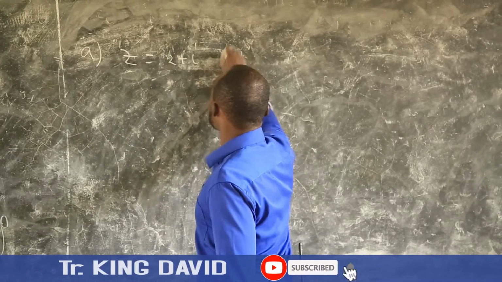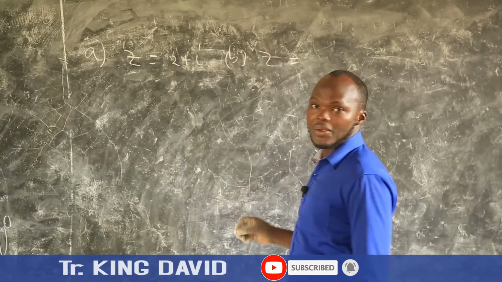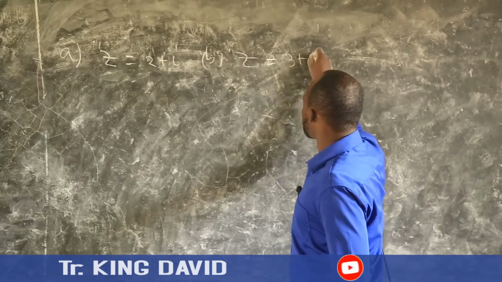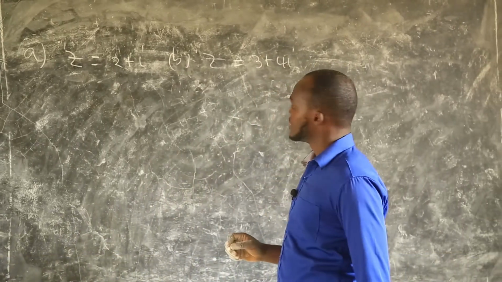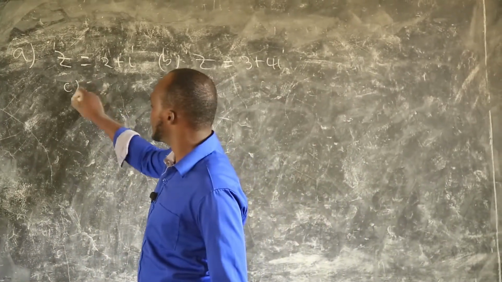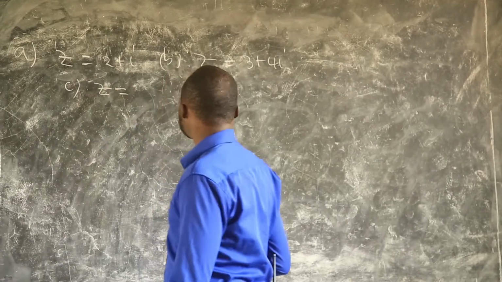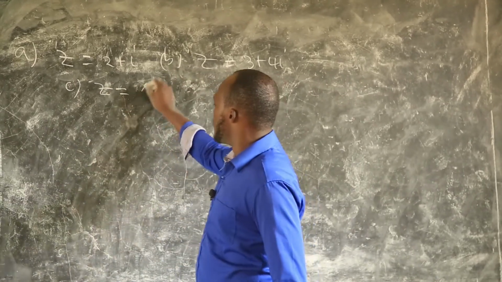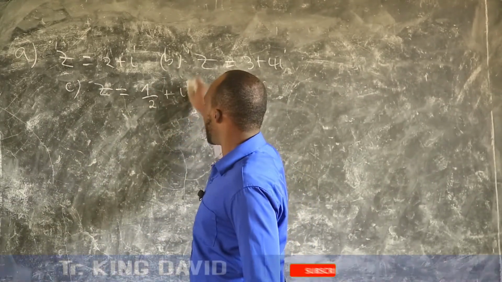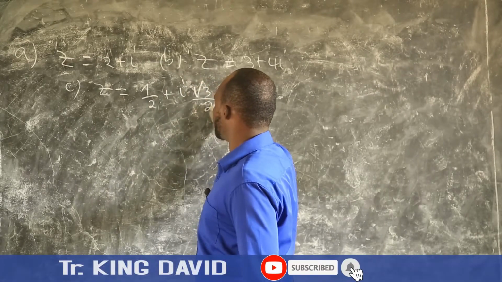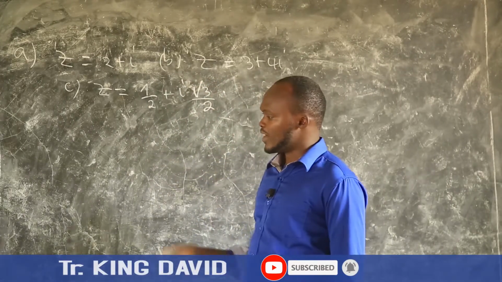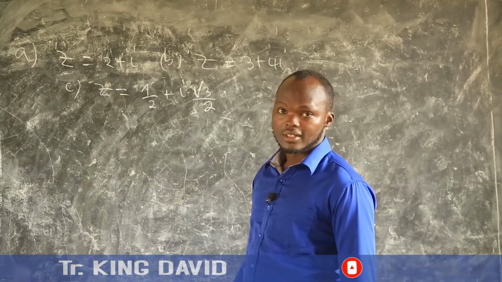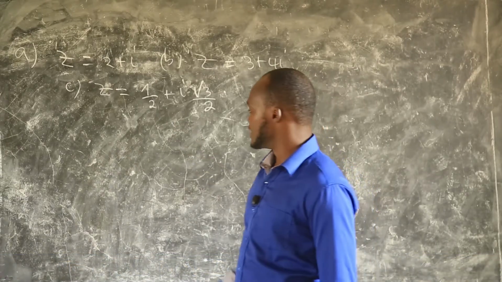B, z equal to 3 plus 4i. C, z equal to 1 over 2 plus i times root 3 over 2. So we're going to find the modulus of the following complex numbers.